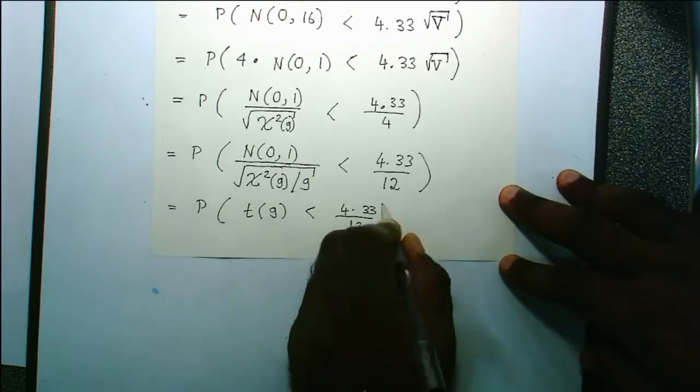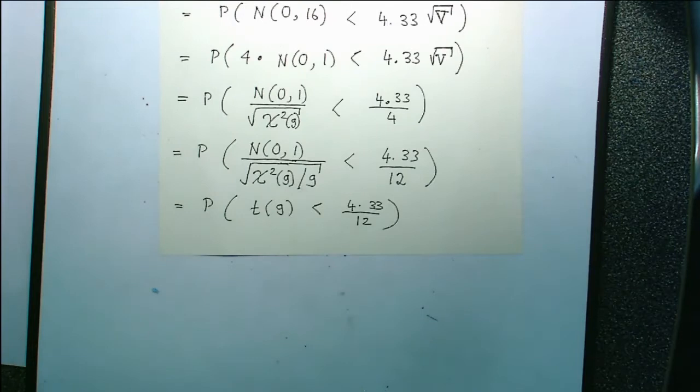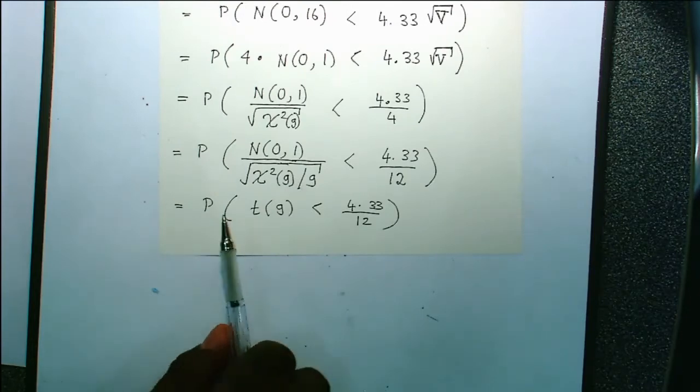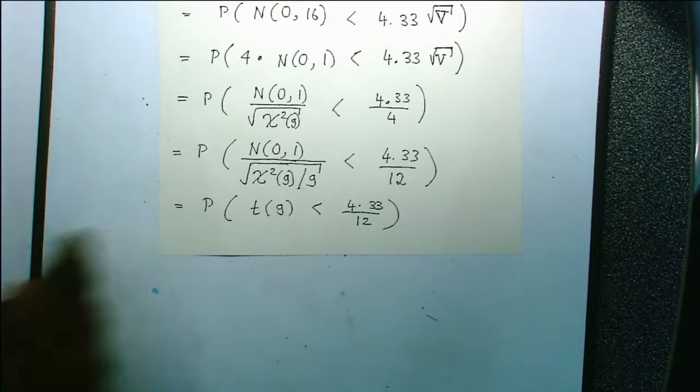And if you have a table for the t distribution, you can read this. So that's the answer. So the answer is the probability that a t variable with 9 degrees of freedom is less than this number, right?